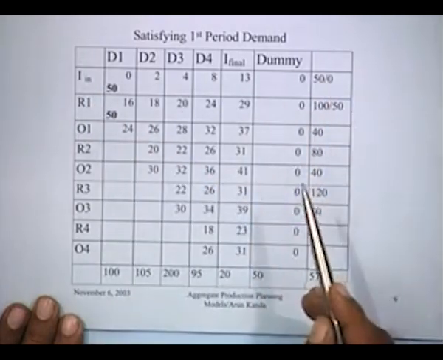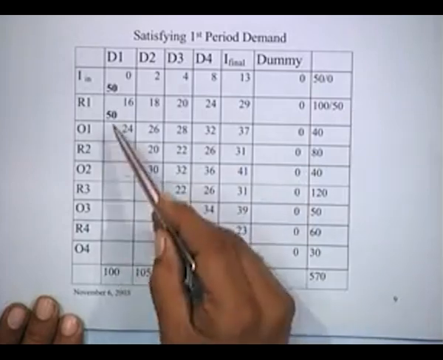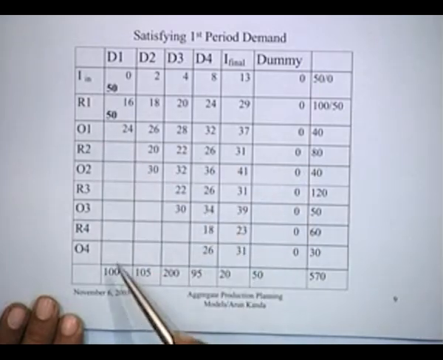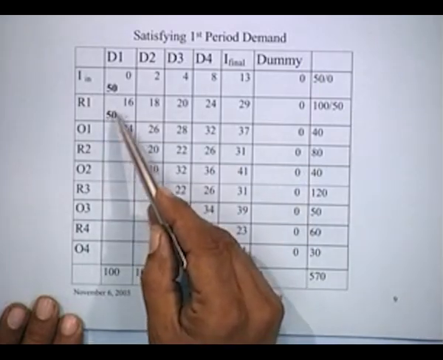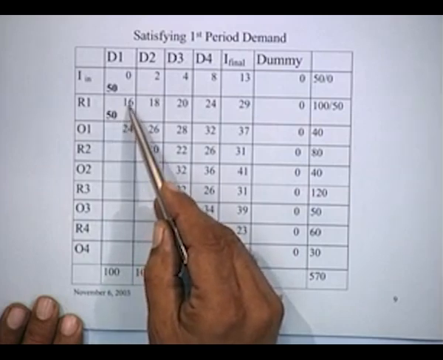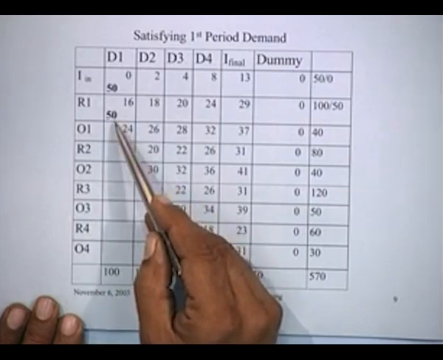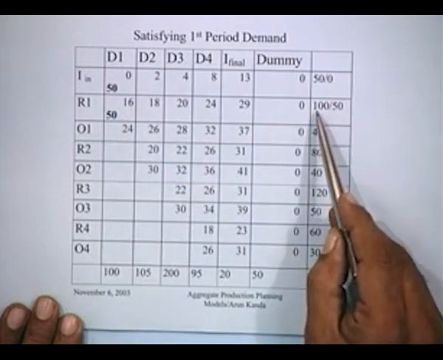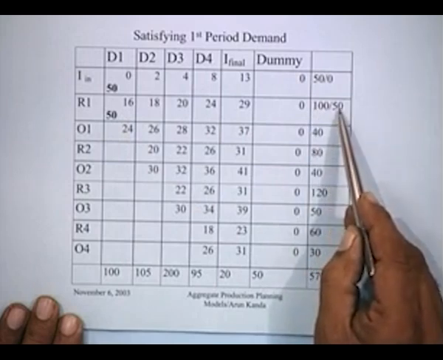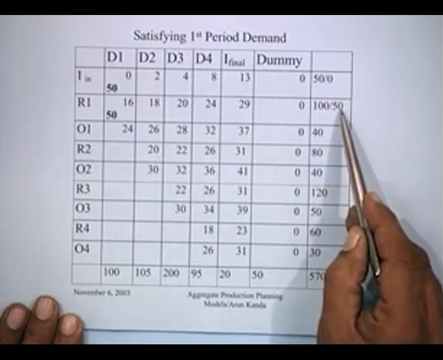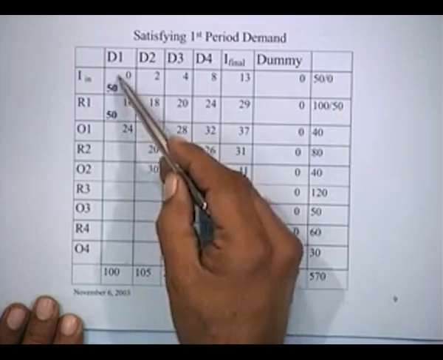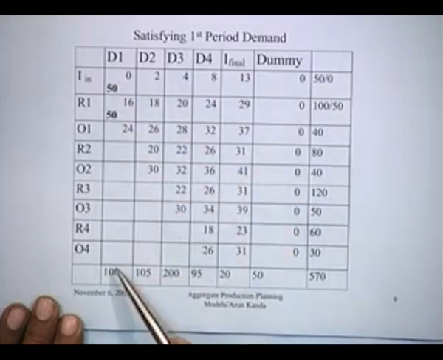row in this case. But there are 50 units of unsatisfied demand here, and that 50 units of unsatisfied demand comes to the next lowest cost, which is 16 rupees, and once you do that, this figure of 100 just becomes 50 now. 50 is the unutilized demand. So we have satisfied the demand for the first period.